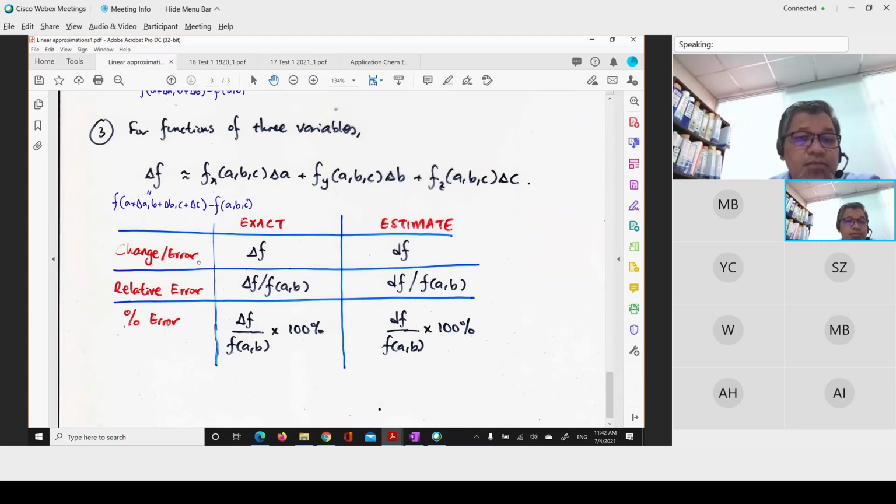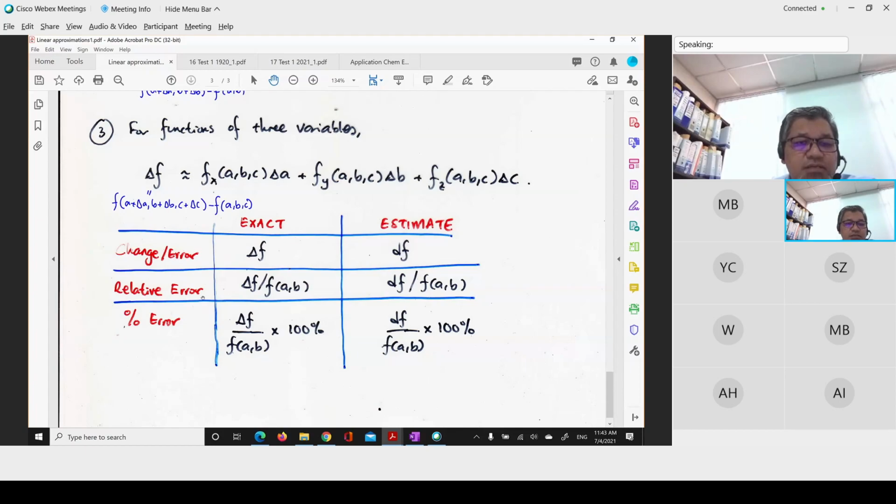So this below shows a table of various terminologies. The error in a small change of (a, b) or (a, b, c) is represented by this delta F. The estimate is the dF, the differential here.